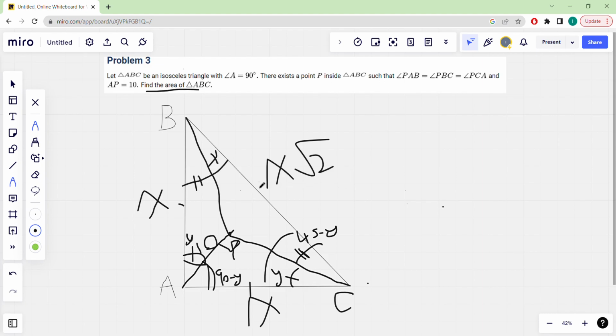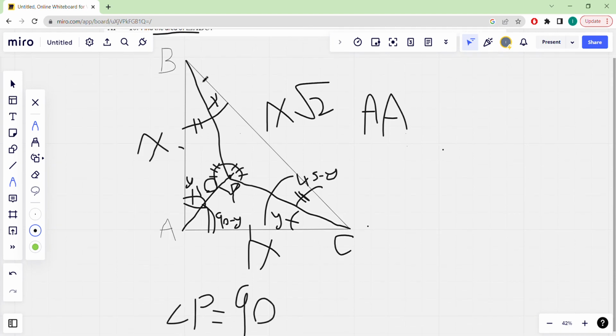And then we also know that this triangle PBC is similar to triangle PAB by a similarity, since this angle is congruent to this angle, and angle Y is also congruent to angle Y. And since we know that these two angles correspond to each other, the ratio between the side lengths of these two triangles will be 1 to square root 2.